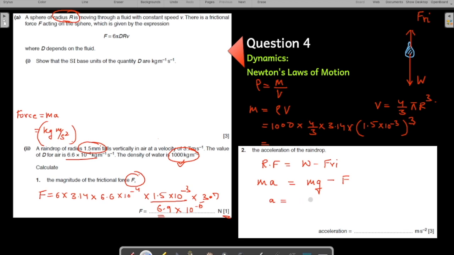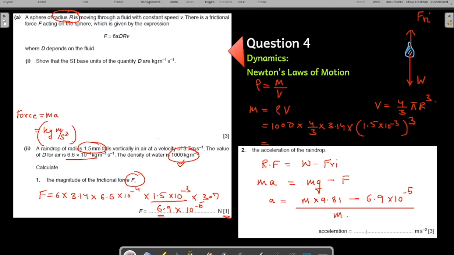Substitute the value of mass here. Work it out: mass times 9.81 minus the frictional force, which is 6.9 times 10 to the power minus 5, over mass again.